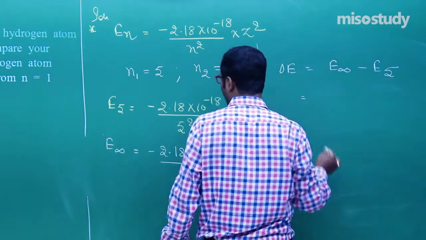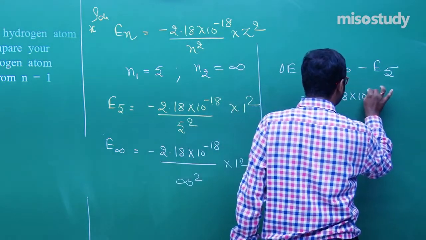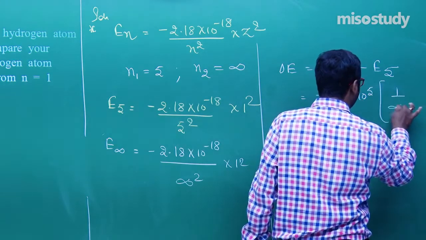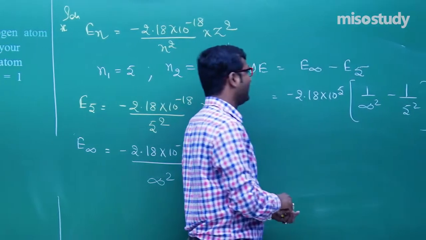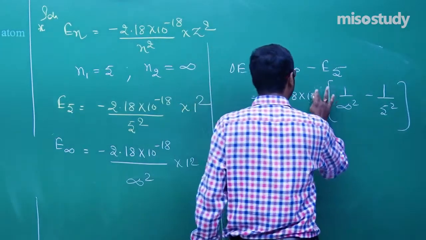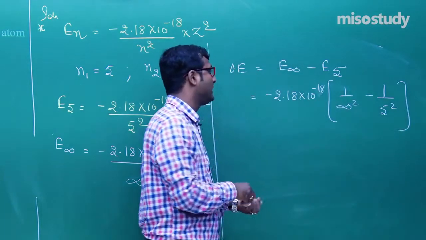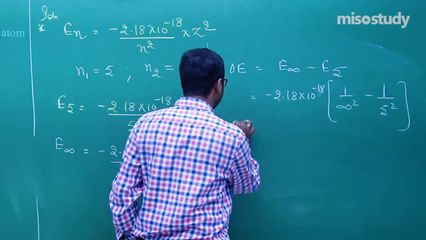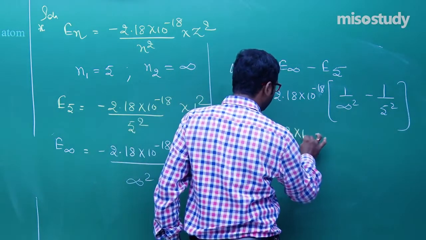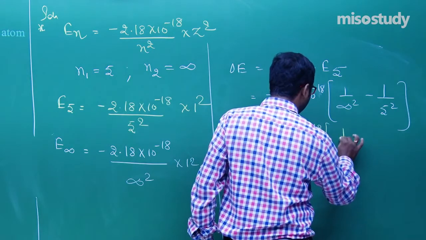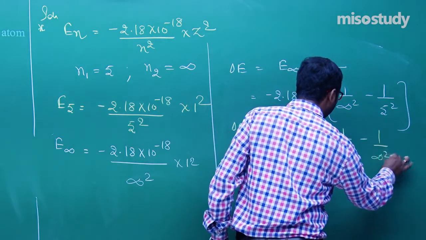What is common over here? That is minus 2.18 into 10 to the power minus 18, 1 upon infinity square minus 1 upon 5 square. Clear? Now take this sign here, what will happen? 2.18 into 10 to the power minus 18, that is 1 upon 5 square minus 1 upon infinity square.